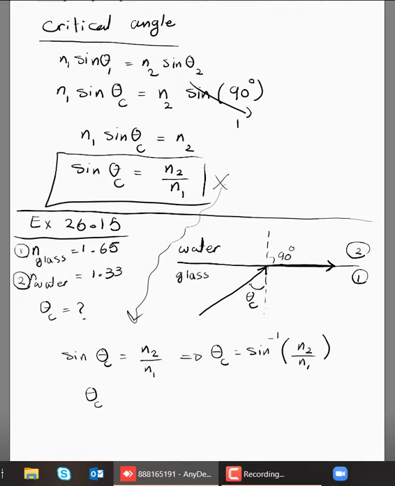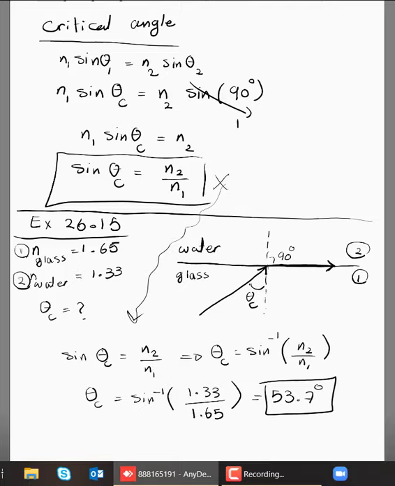And then the critical angle is sine inverse of 1.33 divided by 1.65. And if you calculate this, the critical angle is 53.7 degrees in this case.